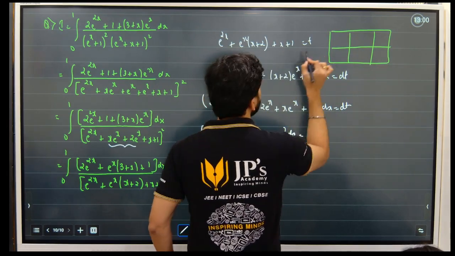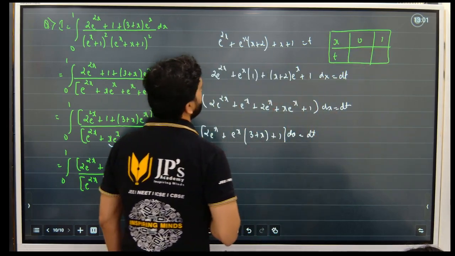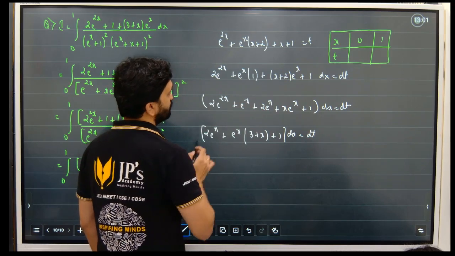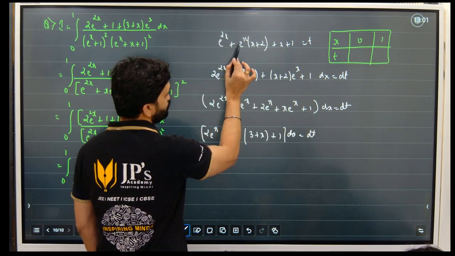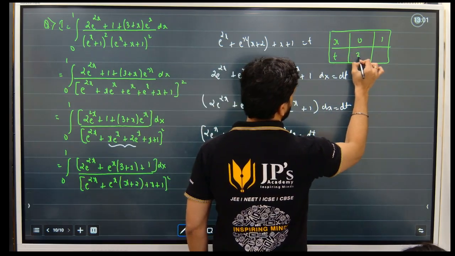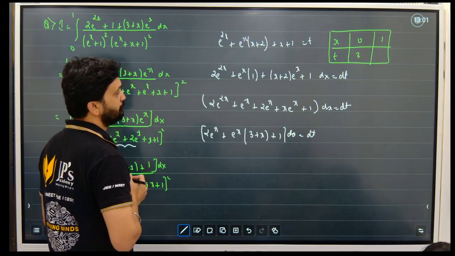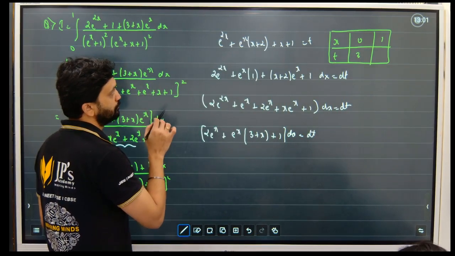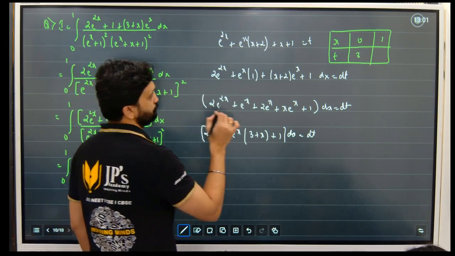My original limits for x are from 0 to 1. For t, if I put x value as 0, this will become 1 plus 2 plus 1. This will become 3. And if I put 1, it will become e raised to 2, e square plus e plus 2.